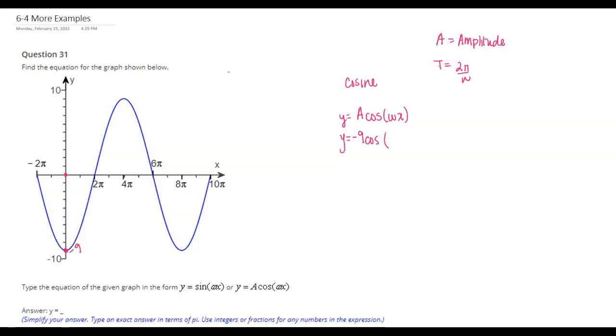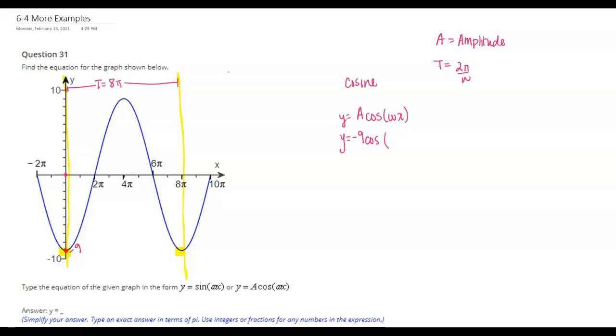So when we take a look, our graph starts at 0, and wherever it hits this point again, aka right here, is the period. So our period is 8 pi, because that is the length it takes to get an entire cycle of our cosine graph.